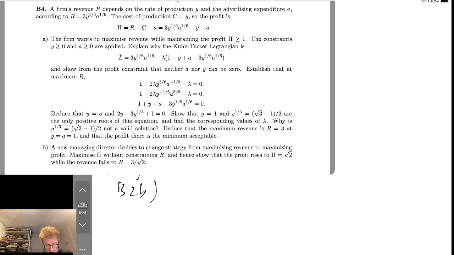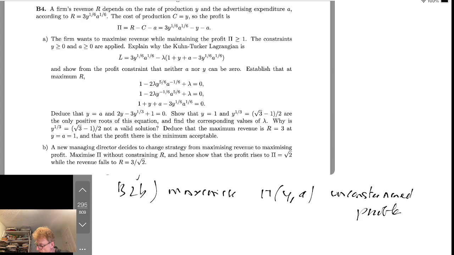So it's just a regular case. So we maximize pi of Y comma A. So it's an unconstrained problem, which you're familiar with. And then the problem unfolds itself. So this is a standard case. In this case also, Y is A at some point.